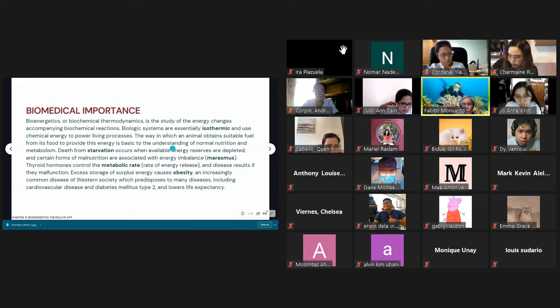Where do you get your energy? The food that you eat. Okay. So in starvation, there's no food. In marasmus, there might be food, but the wrong kind of food. That is taken in marasmus, energy imbalance, as well as protein imbalance. And then obesity, there's plenty of food. So there is surplus of food.